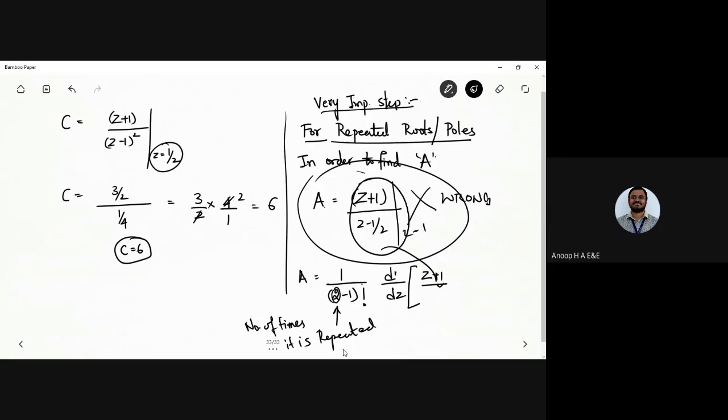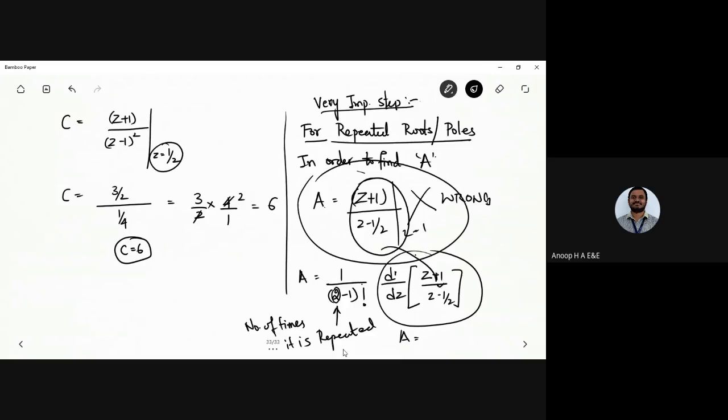So the value of A, I'll leave this differentiation to you in order to find out what A is. It would be quite easy if you perform the differentiation first and then 1 divided by (2 minus 1) factorial. So (2 minus 1) factorial is nothing but 1.